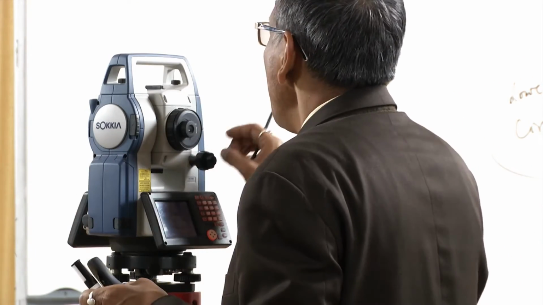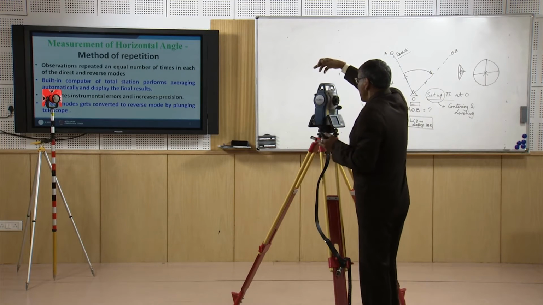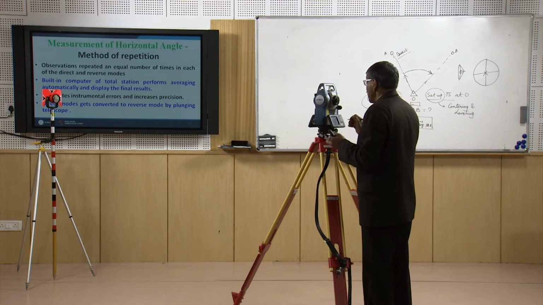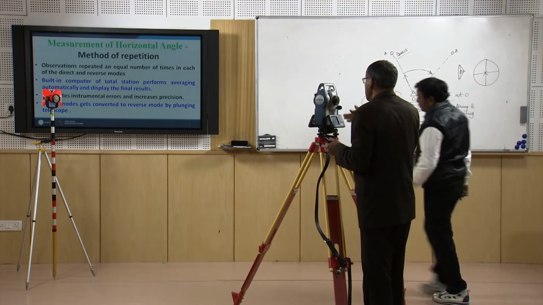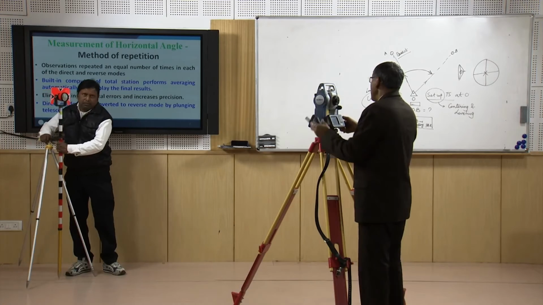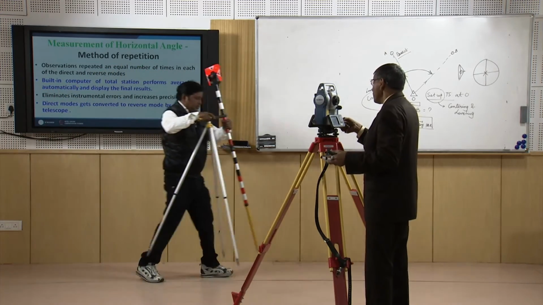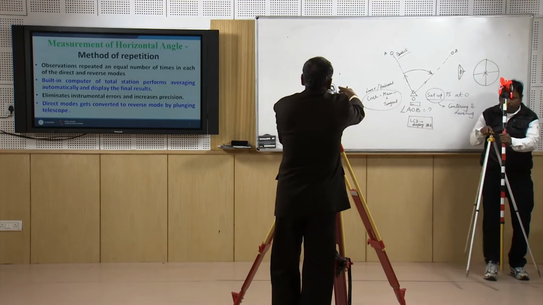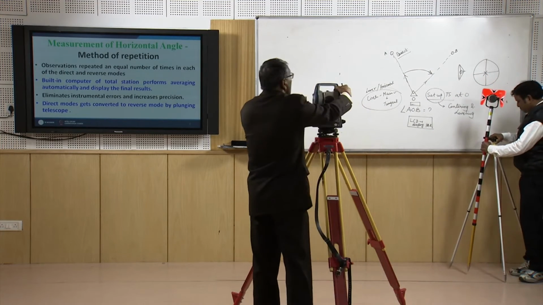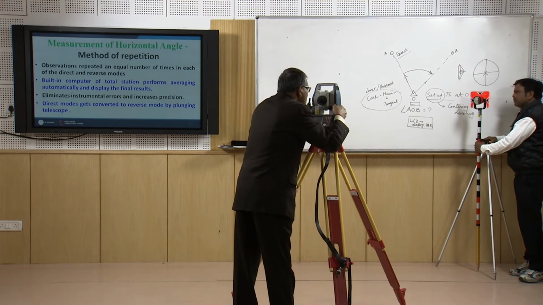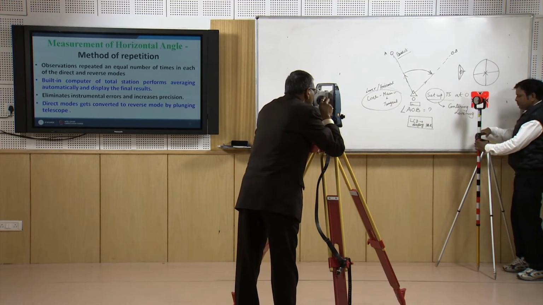Now I will take the horizontal reading between this angle and this one. So now it is the 0 0 line. Now I will open the lower plate main screw and rotate this instrument to my right, pointing to this prism.